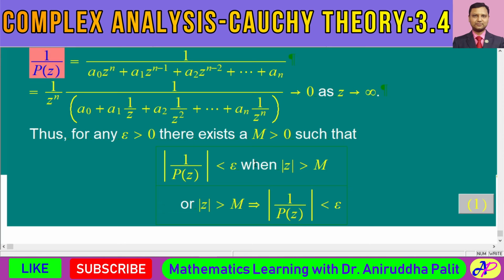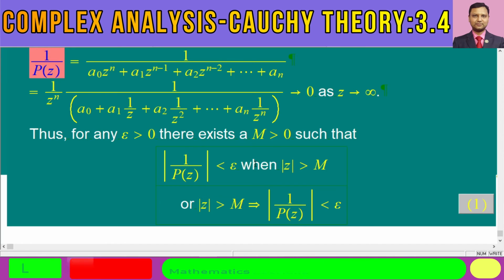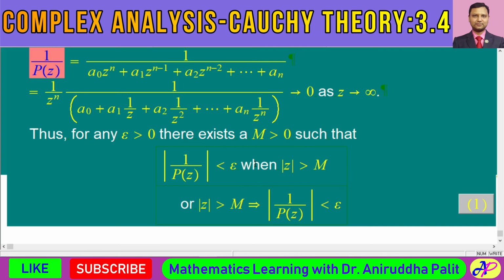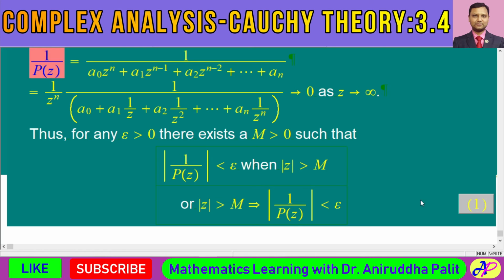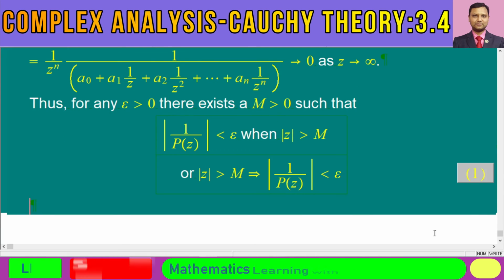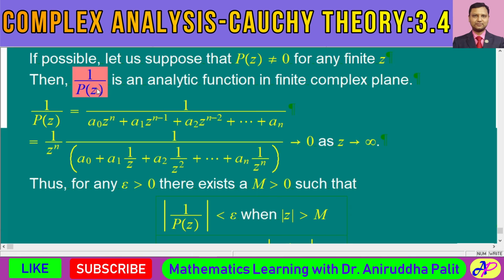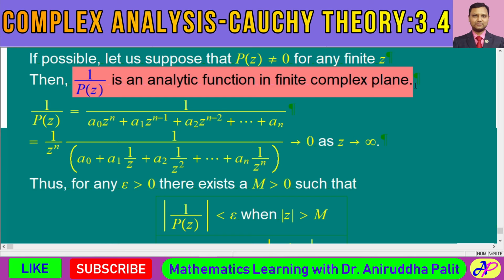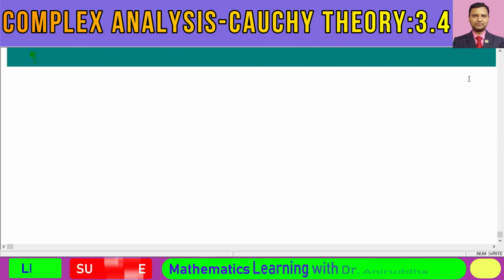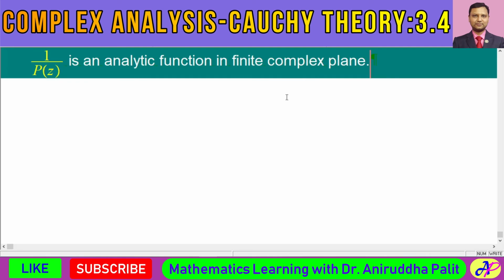Within that finite complex plane, we have an analytic function, 1 by p(z) is analytic in this finite complex plane, and because it is analytic, it must be continuous. So we can say this is a continuous function.